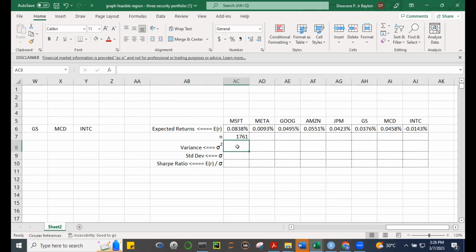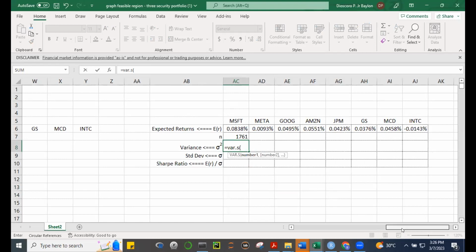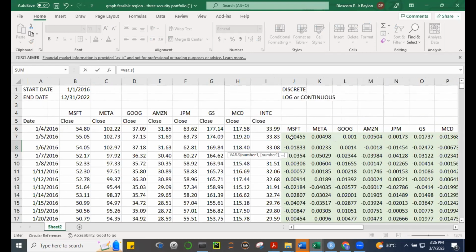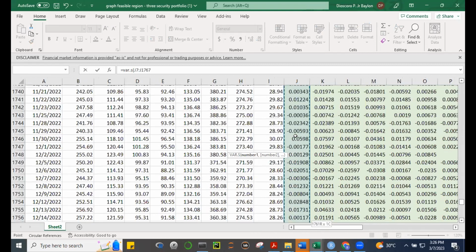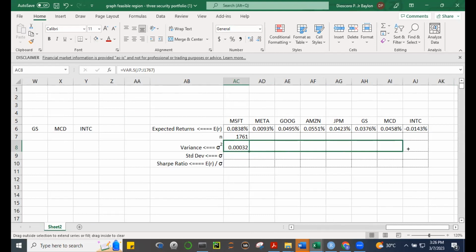And then, you need to compute for the variance .s. This is just sample kasi hindi naman to lahat ng returns ng mga stocks natin. So let's get the variance of Microsoft first. Control Shift down arrow, Control backspace, close, Control Enter. There. That's the variance.